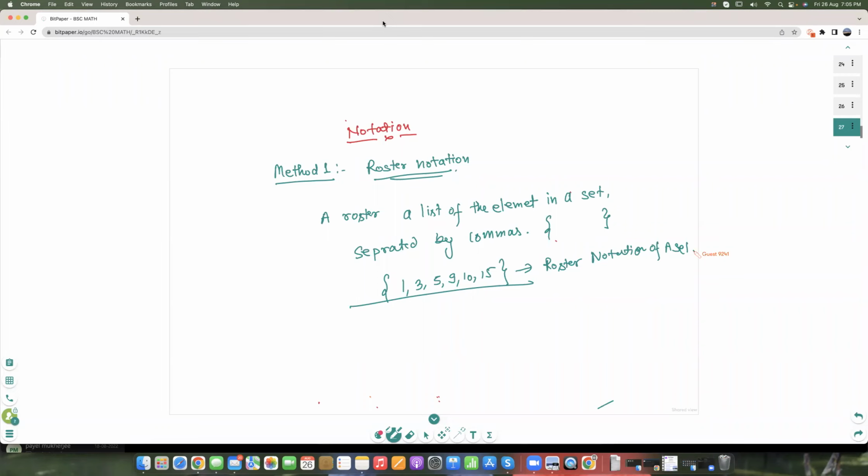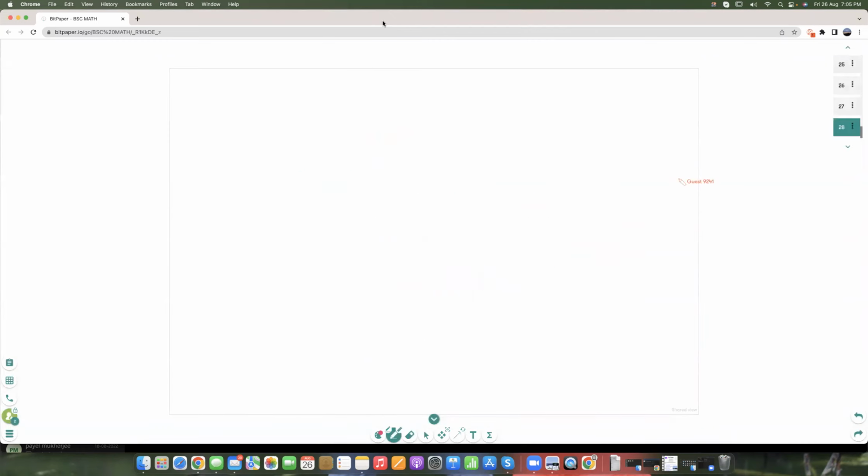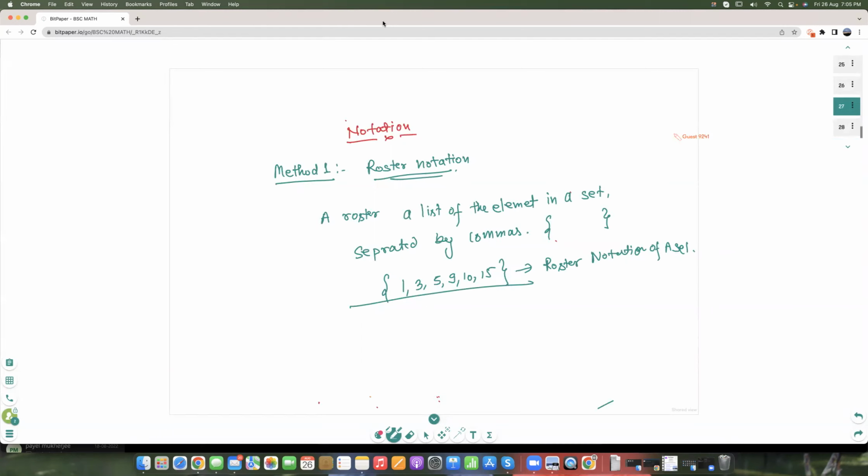Okay, cool. And then there is a second method to write down the notation that we call the set builder notation.